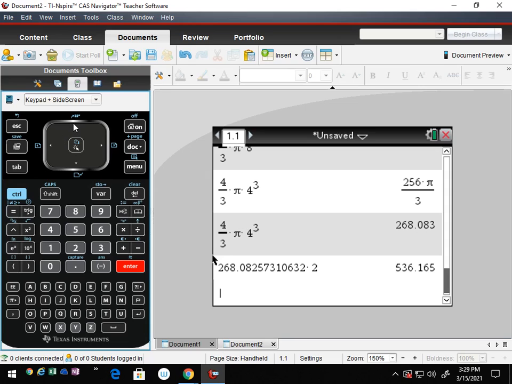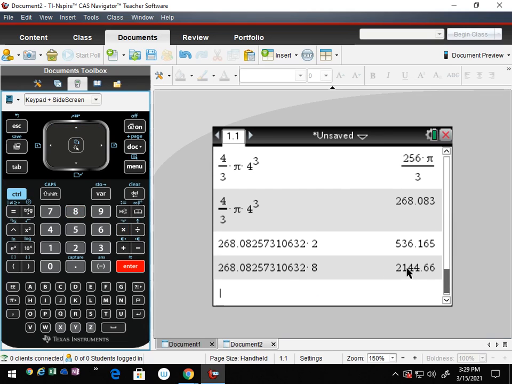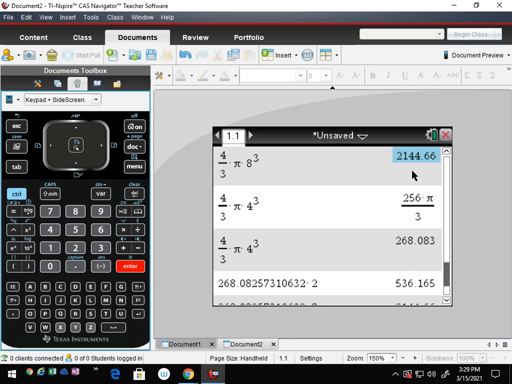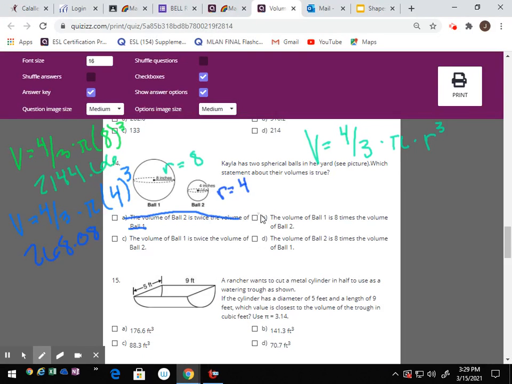So again, we'll arrow up to our volume of ball 2. We'll press enter, and we're going to times this one by 8. And we can see that it equals 2,144.66, which is the same volume as our larger sphere. So B could be the correct answer.